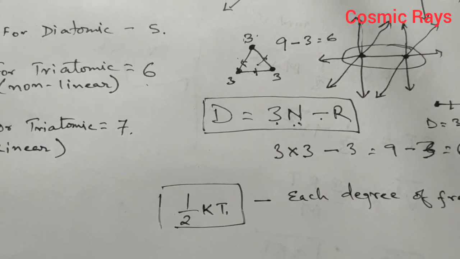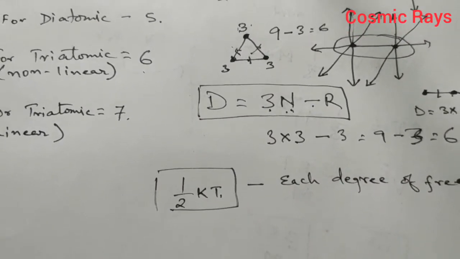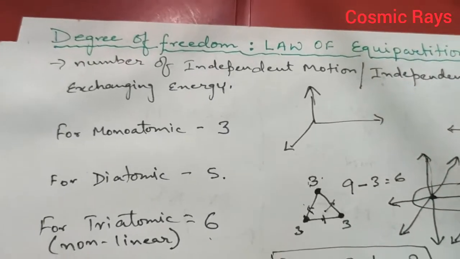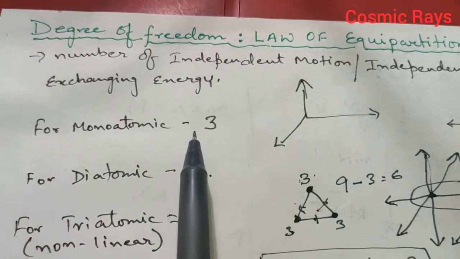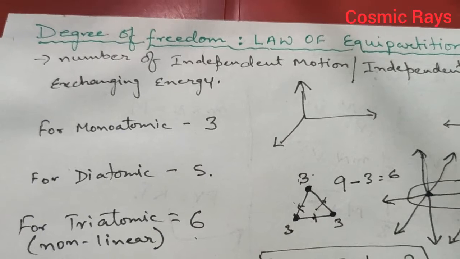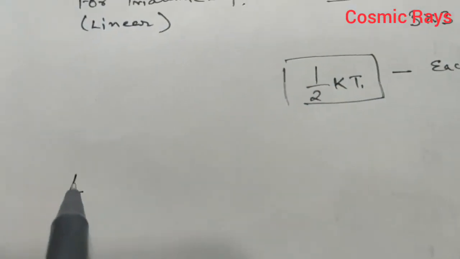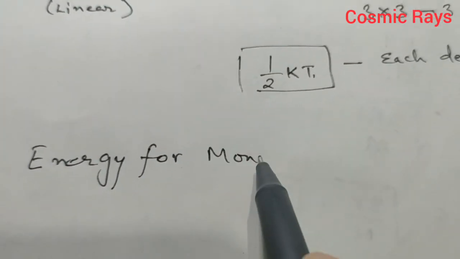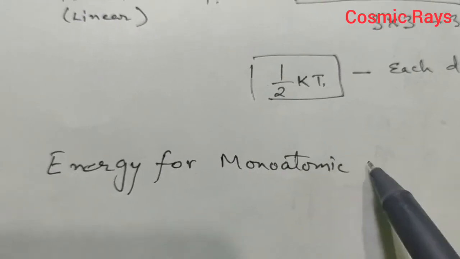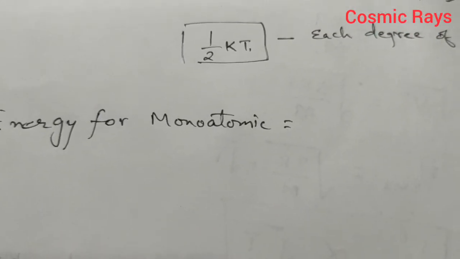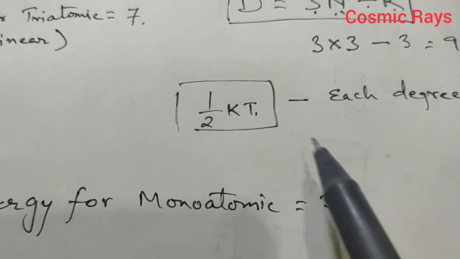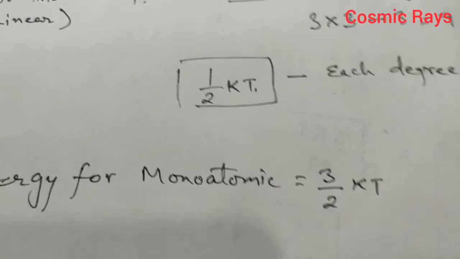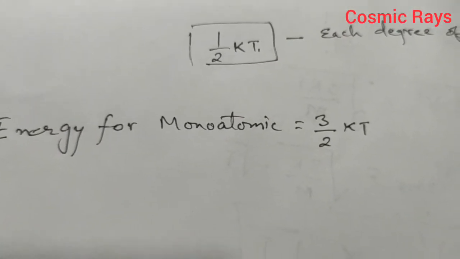This is the law of equipartition of energy. So for 1 degree of freedom, if the energy is half kT, then for monoatomic gas, where they have 3 degrees of freedom, the energy associated for monoatomic particle or monoatomic gas would be, the degree of freedom is 3, and for 1 degree of freedom the energy is half kT. So for monoatomic the energy would be 3/2 kT.